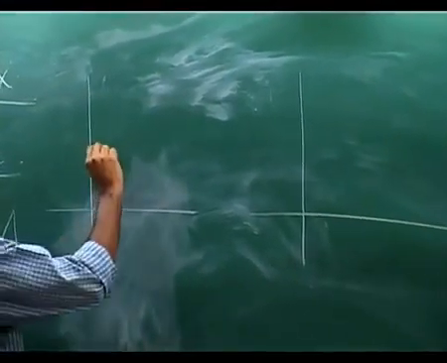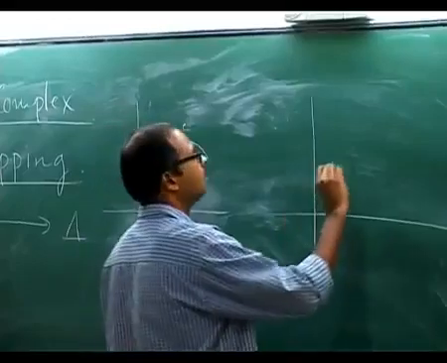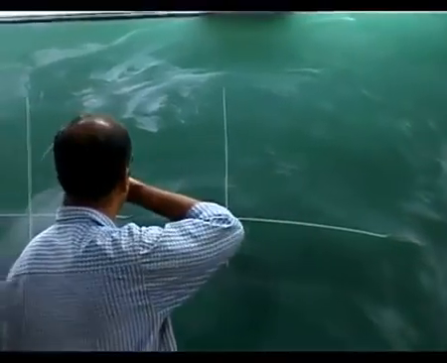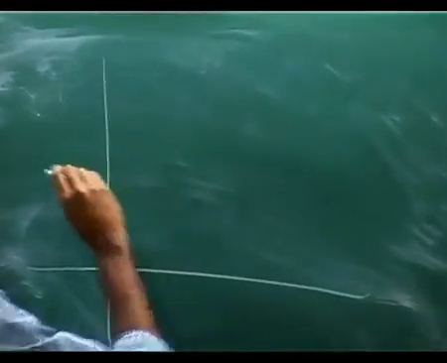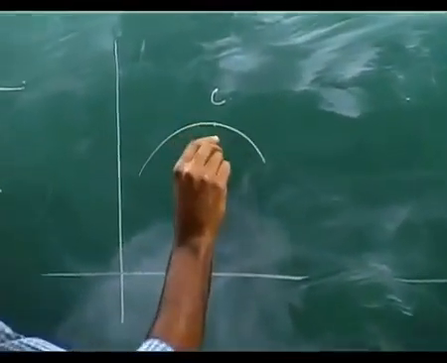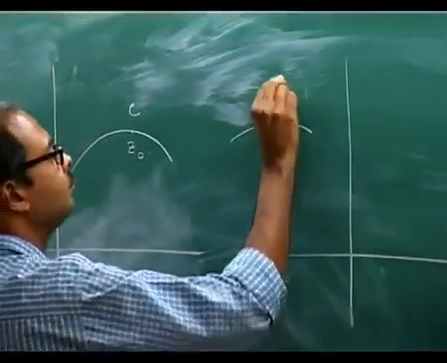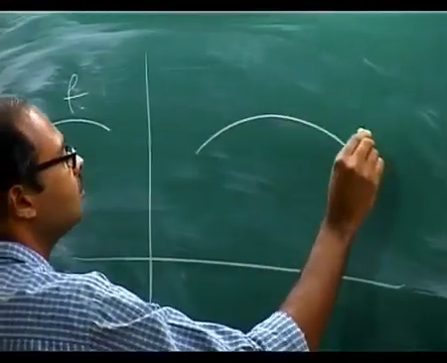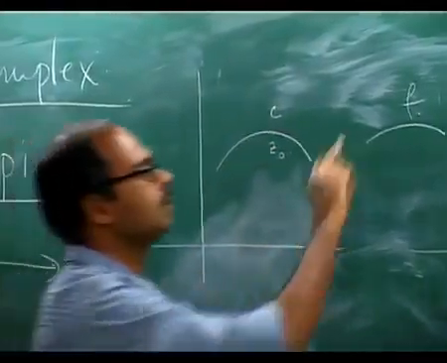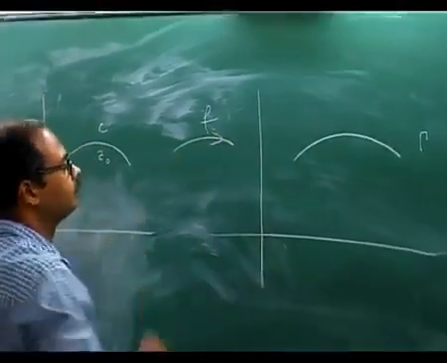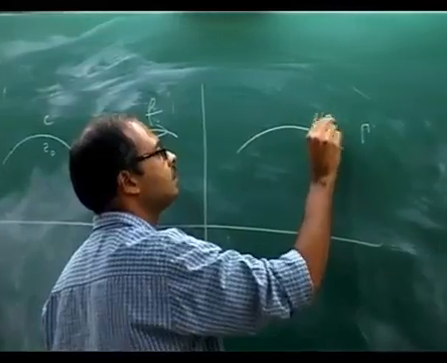Here I have a curve, say C. And I have here a point Z0, and this is the map F. It takes you to the image curve, say some gamma, the image of this curve under F. So F is this map, and then this point comes to F of Z0.